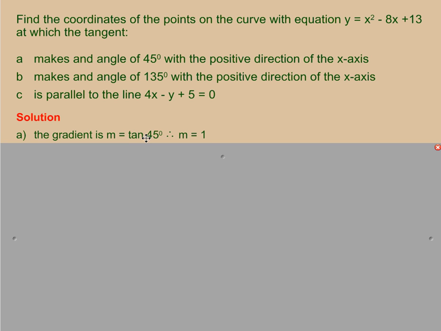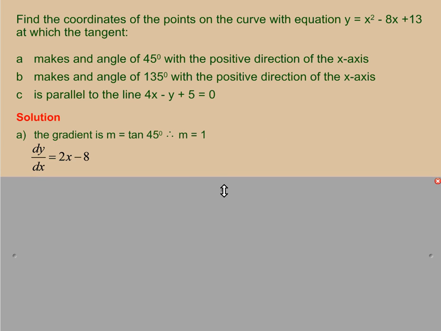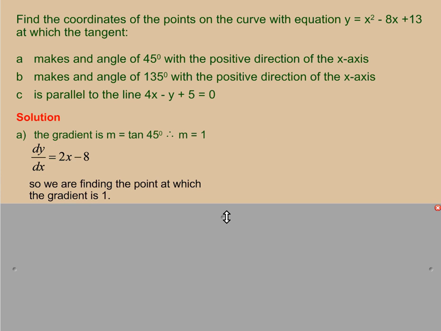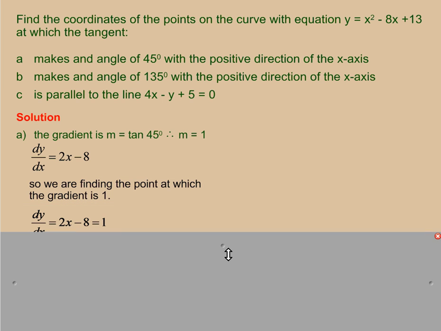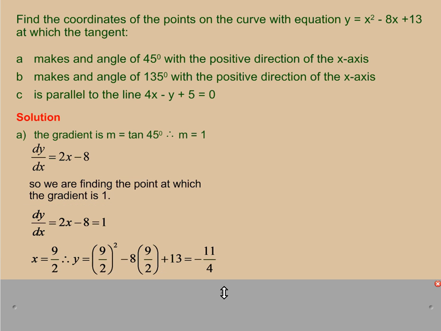So if it's 45 degrees, as we just saw in the previous slide, that means we're talking about a gradient of 1. So we want to know when the gradient function is equal to 1. If we find the gradient function, dy/dx of this is going to be 2x minus 8. So we then put that equal to 1, which we solve, gives us 9 on 2.